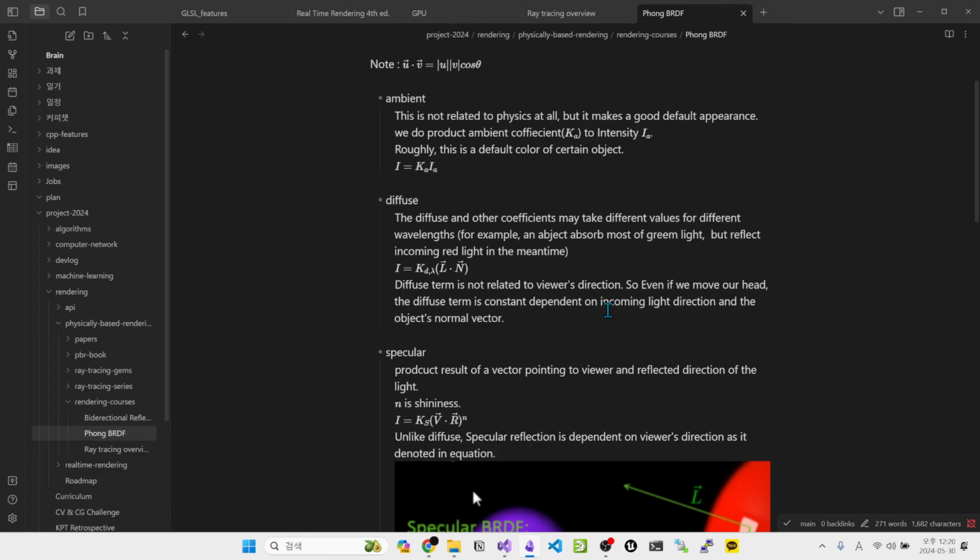And the diffuse is also called albedo in computer graphics. The diffuse and the other coefficients may take different values for different wavelengths.